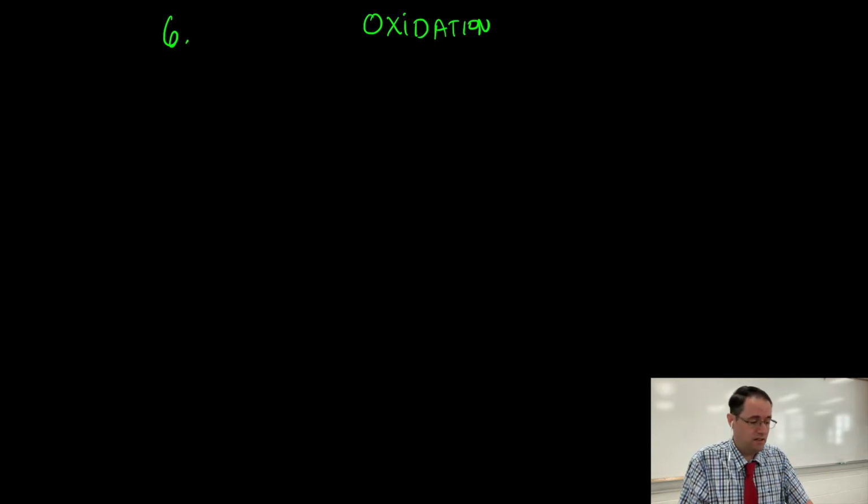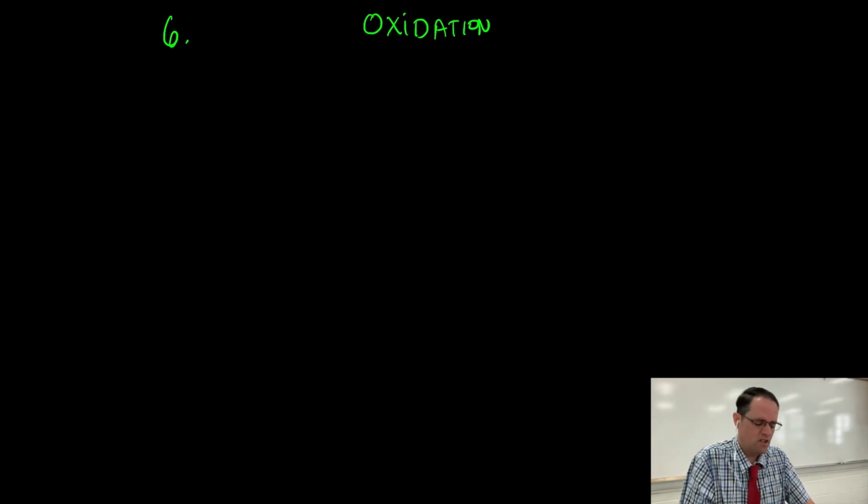Our 6th reaction is oxidation of monosaccharides. The idea here is that you can have an aldehyde at the end of a chain and you can treat that with something and oxidize it. And there are many different ways that you can oxidize sugars, but we're just going to mention a couple of those.